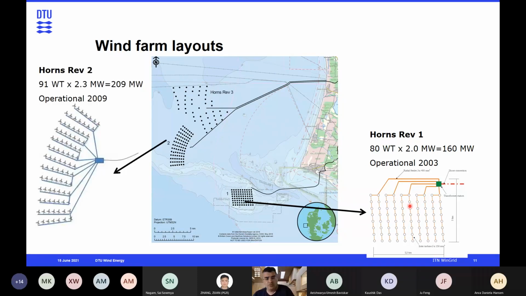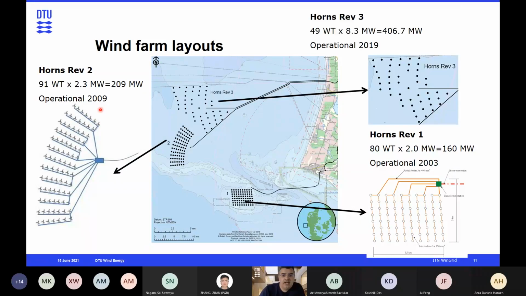When we moved to the second one in 2009, we still have a kind of grid-based design, but the shape is more fluid, changed mostly to counteract, as I showed you in the picture, the aerodynamic interaction between the wind turbines.